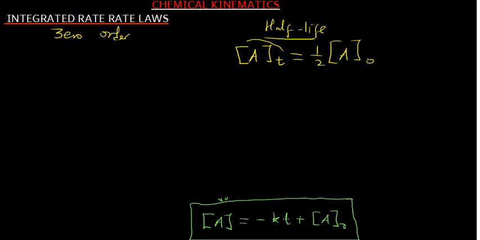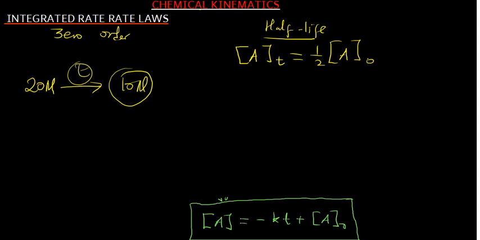So this is the concentration of something at a given time. Let's say you have got 20 molar, and the concentration becomes 10 molar after a certain period of time. That time is what we refer to as half-life.